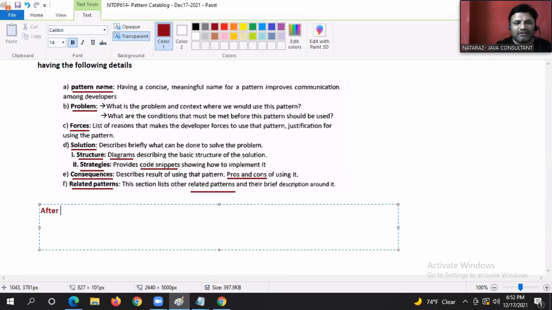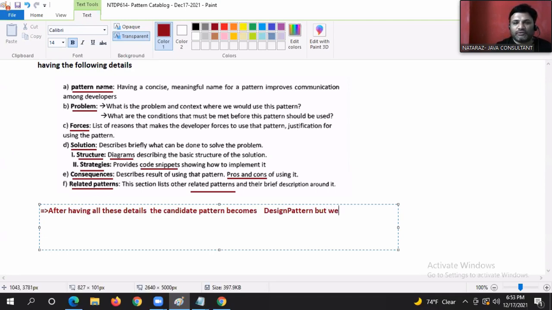After having all these details, the candidate pattern becomes a design pattern. Okay.